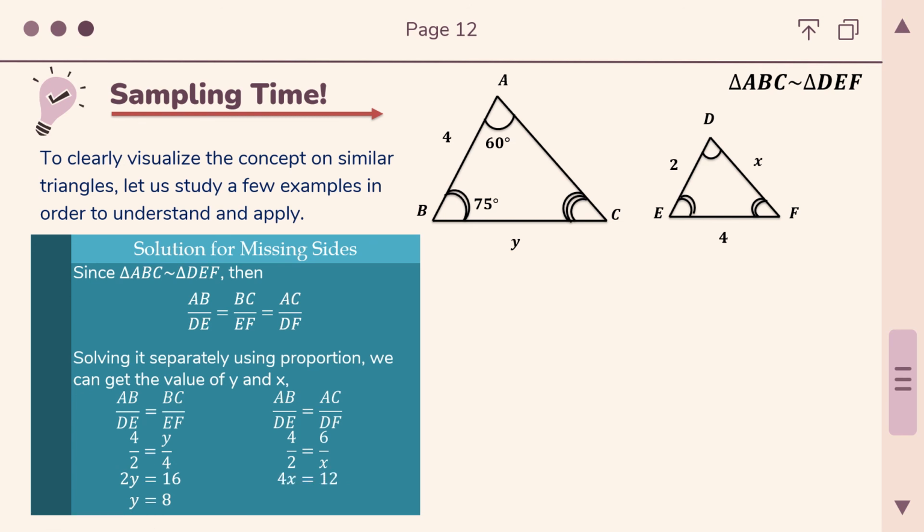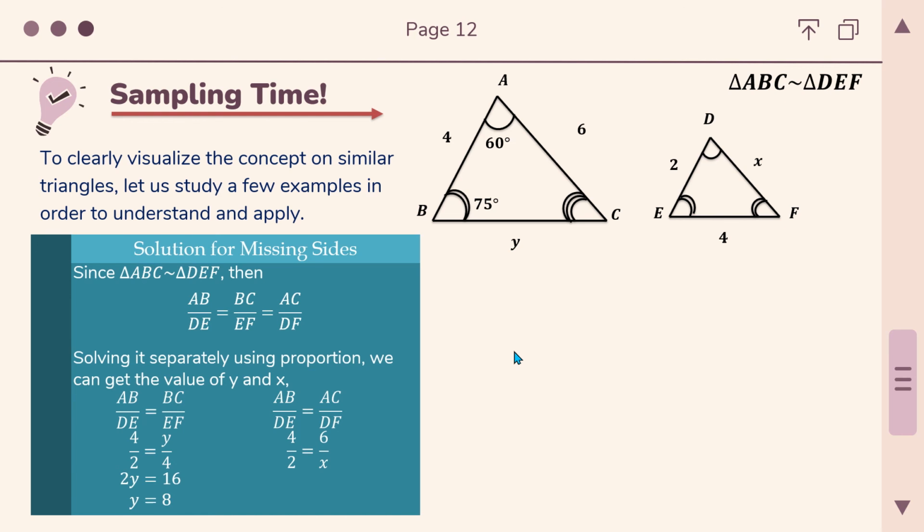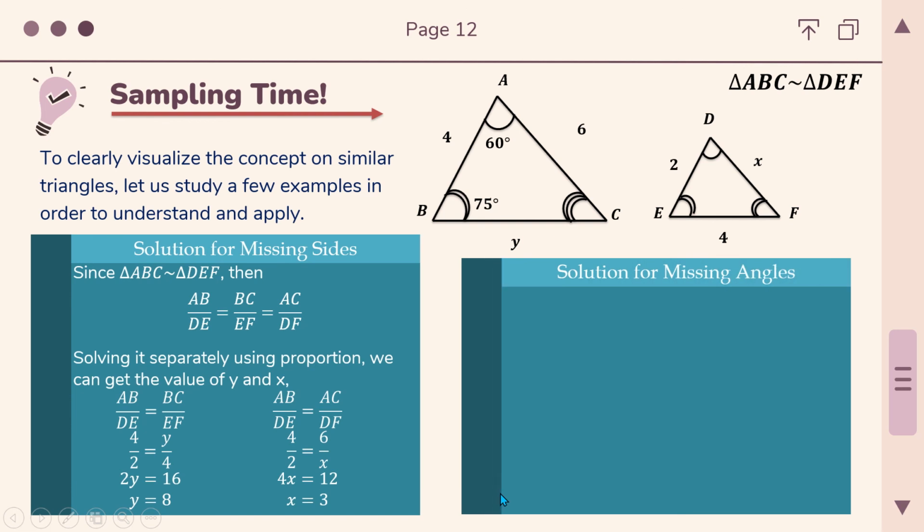So next thing is to cross multiply. 4 times x is 4x. 2 times 6 is 12. To solve for x, divide 4 both sides. 4x divided by 4 is x. 12 divided by 4 is 3.